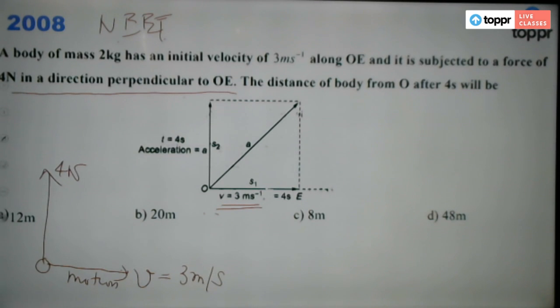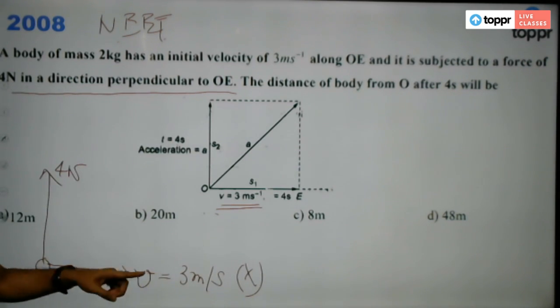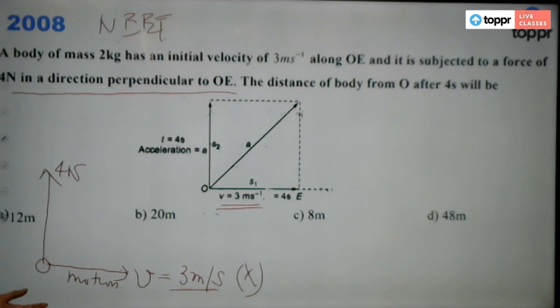Very interesting problem. Why? The body is having 2 directions of motion. One along the x-axis, which is uniform, because along the x-axis the initial velocity is 3 meter per second, and there is no force along the x-axis. The force is along the y-axis. When force is along the y-axis, there is no component of force along the x-axis.